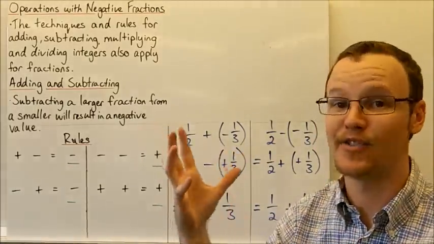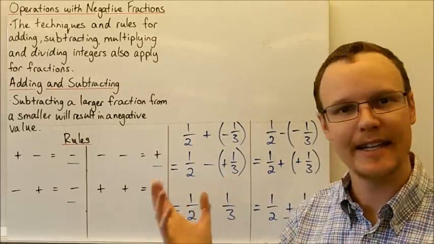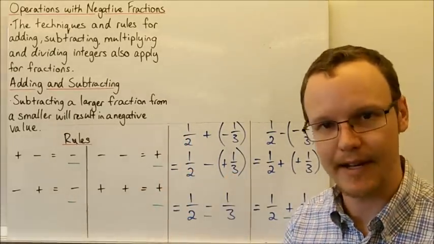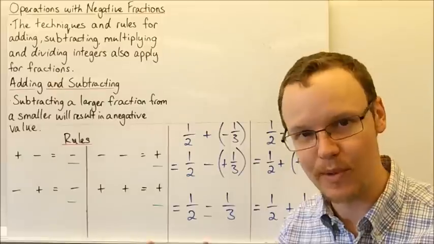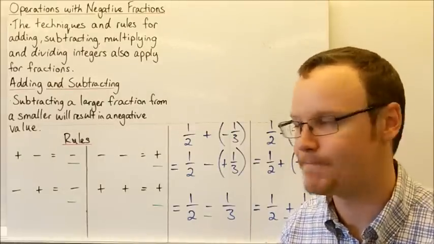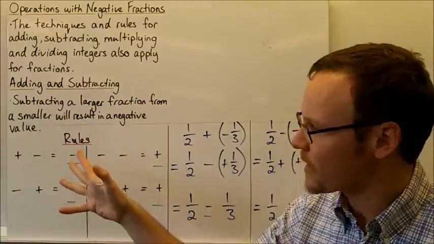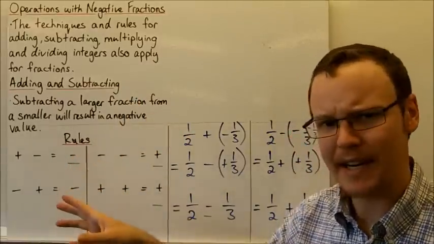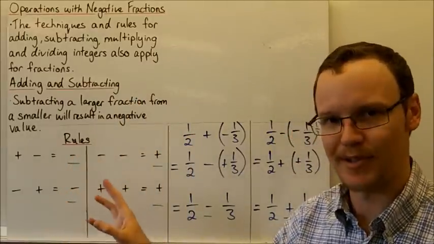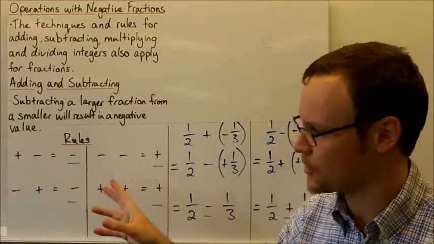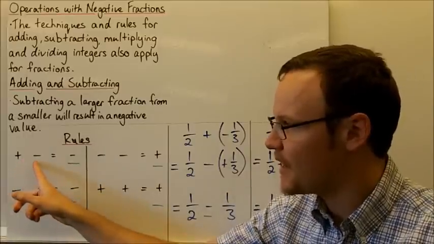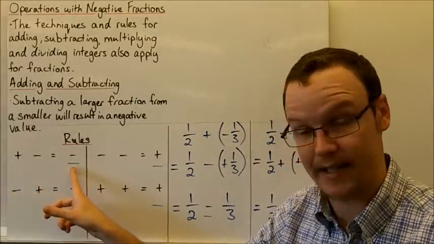If we take a very large value of any number, any integer or fraction or any value away from a smaller number, we'll get a negative number. So the rules are the same for adding and subtracting integers or negative integers as it is for positive fractions. If we add a negative fraction, that's the same as subtracting.